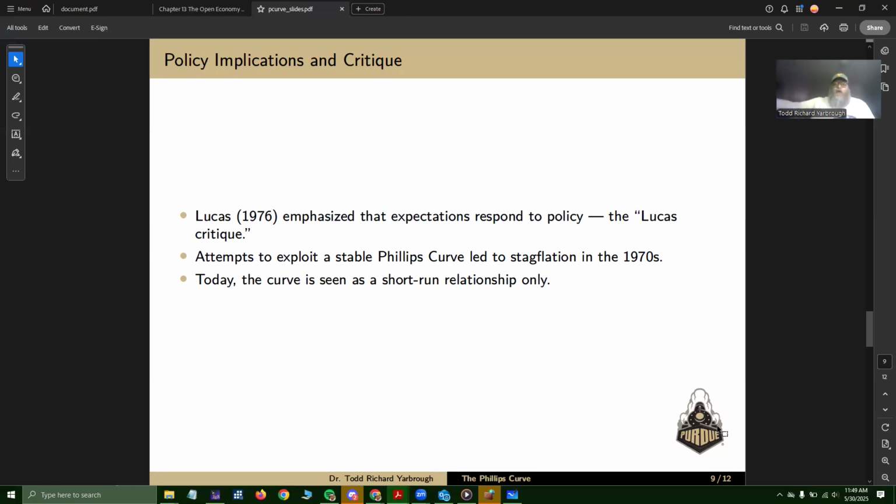You have in one corner the Phillips curve argument that says, look, we can boost the economy and we get a little bit of inflation, but that's okay. We're still boosting the economy. Then you have Friedman, Phelps, and ultimately Lucas, who argue that, well, no, because people alter their beliefs about inflation to match expectations.